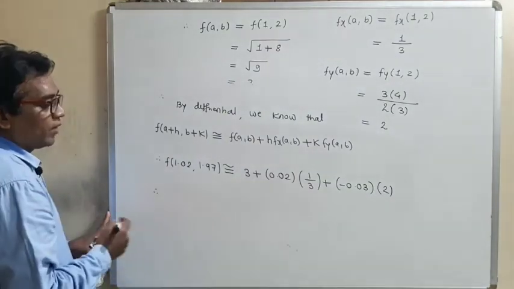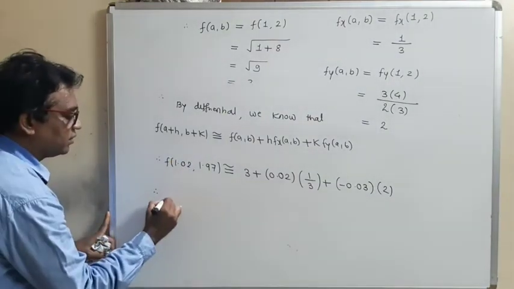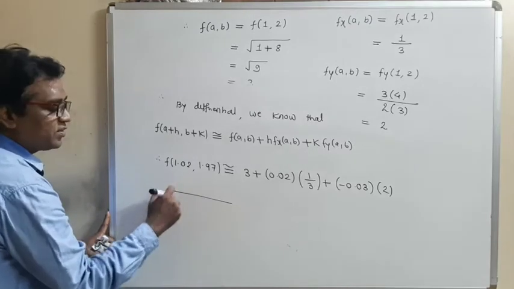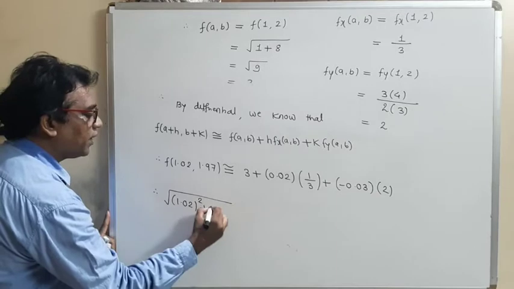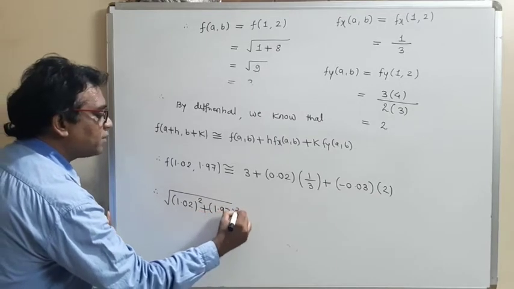Now what is our required function? We want to find out this value. F means our required function. This is 1.02 bracket square plus 1.97 bracket cube.